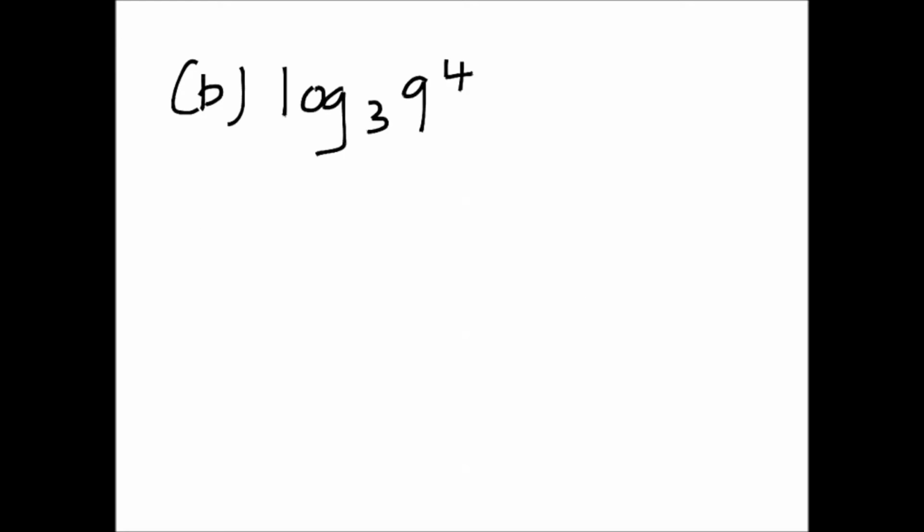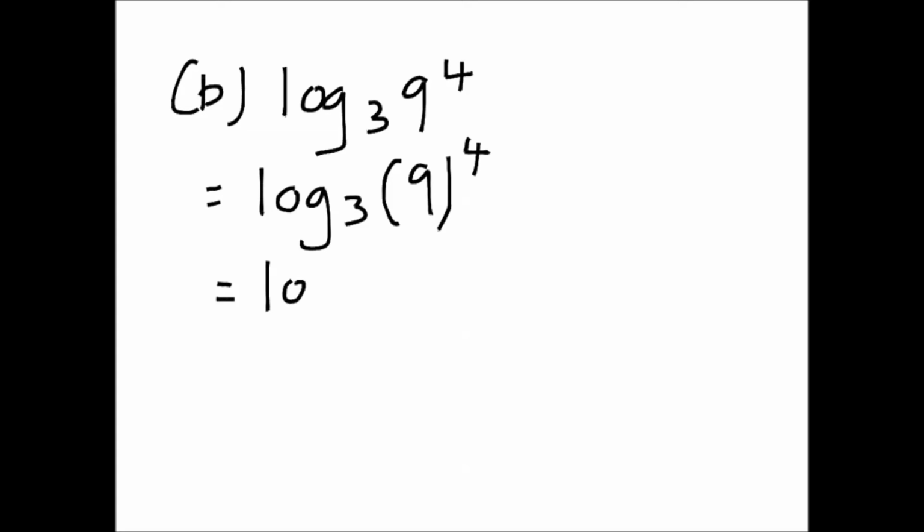Okay, so for now let's look at question B. It's the same, so you just put equal, and then log 3, and you see we have to simplify the 9 in order to get the smallest number.